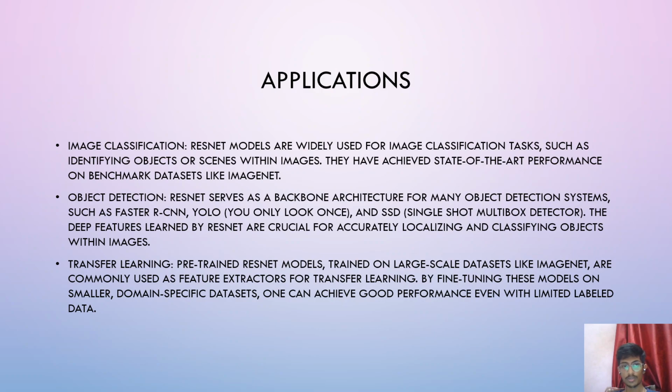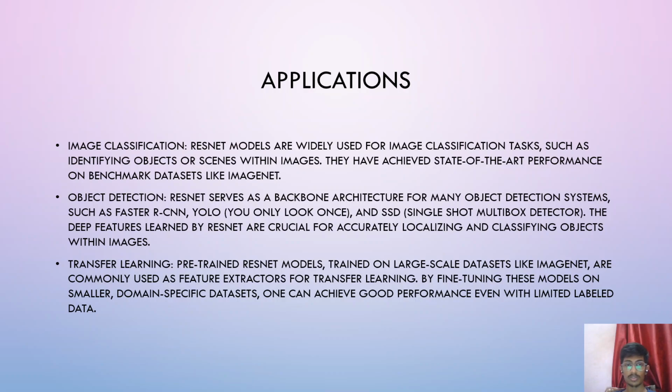Coming to applications, image classification. ResNet models are widely used for image classification tasks such as identifying objects or scenes within an image. They have achieved state-of-the-art performance. And object detection: ResNet serves as a backbone architecture for many object detection systems such as Google Lens, Faster RCNN, YOLO, and SSD, the single shot multi-box detector.